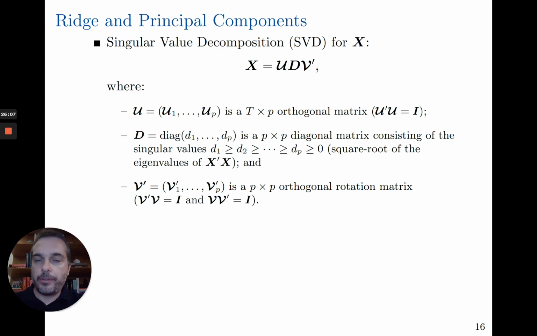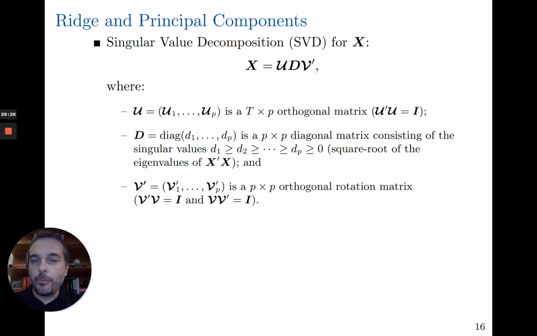So our data matrix X can be decomposed as U D V transpose, where U is a T by P orthogonal matrix such that U prime U is identity. Okay?